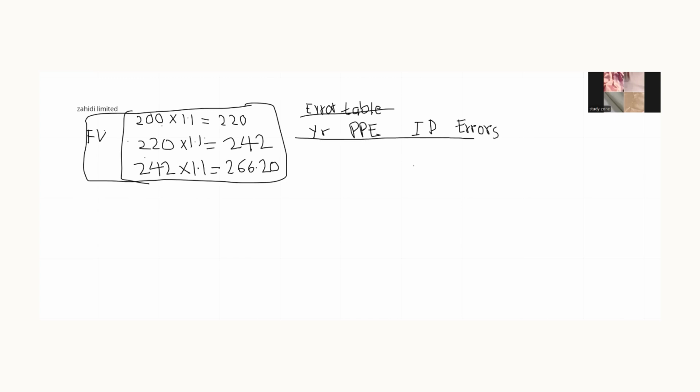In 2018, after depreciation, the PPE was 190, in 2019, sorry, it was 180, and 170 in 2020. The investment property, as calculated over here, is 220, 242, and 266.20.